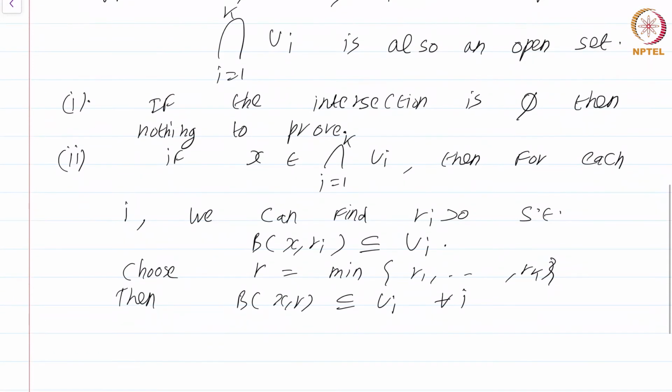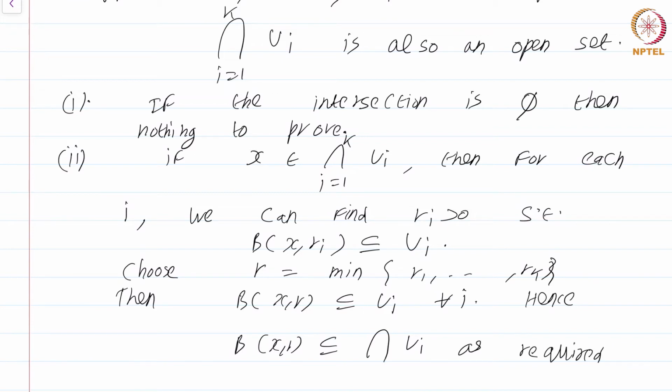Hence B(X, r) is contained in the intersection of the ui's as required. We have shown that there is some r such that B(X, r) is contained in the intersection, therefore X is an interior point and therefore the intersection is an open set.